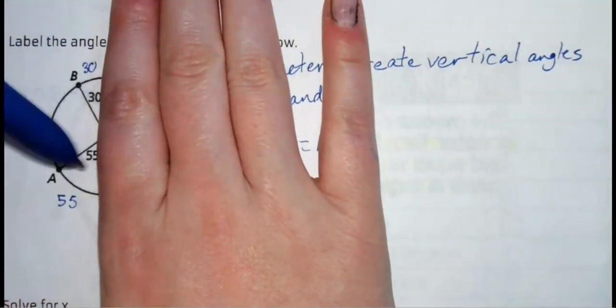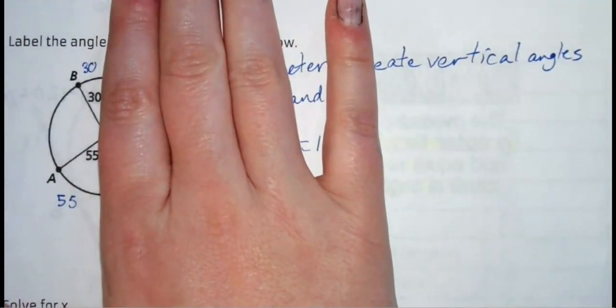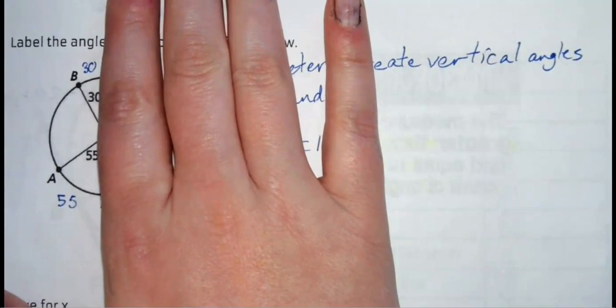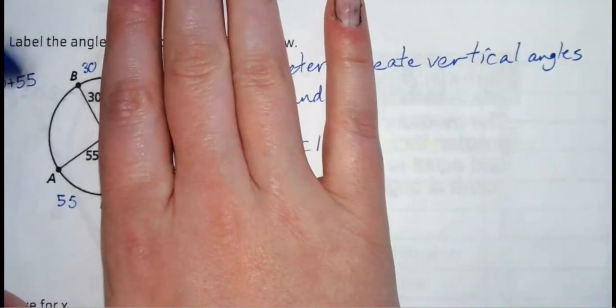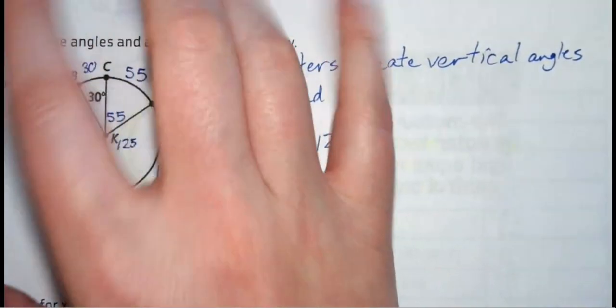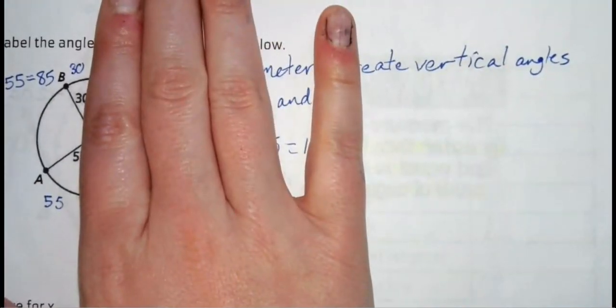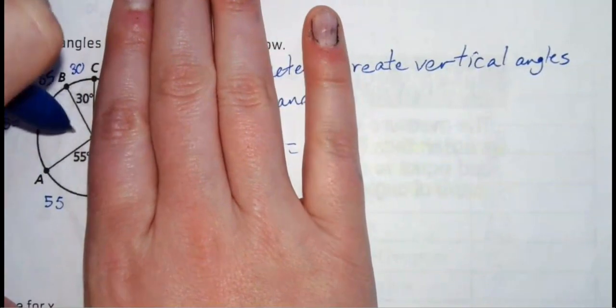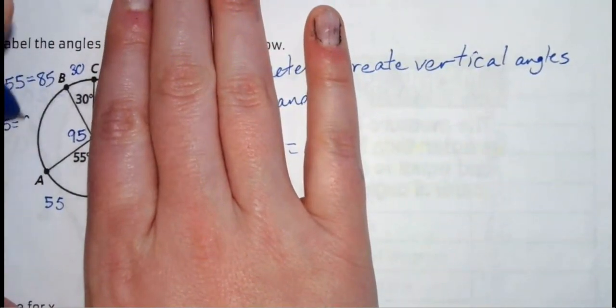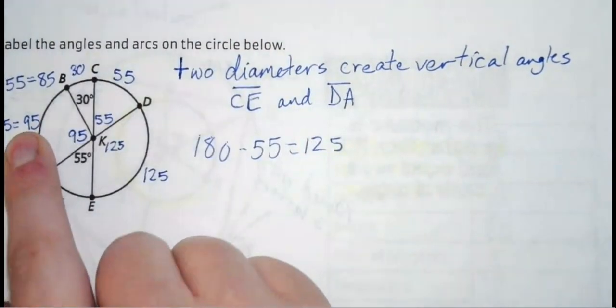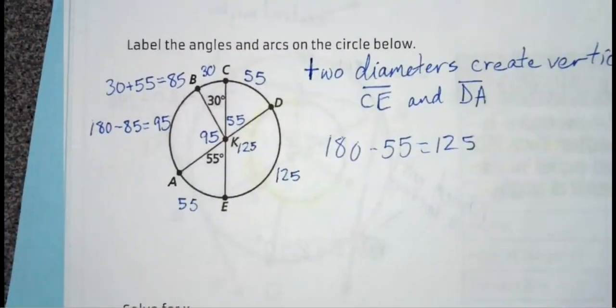I'm going to choose to add these together and subtract them from 180 because I feel like that's less work. So I'm going to take 30 and 55 and add them together and get 85. Okay, these two. And then I'm going to take 180 and subtract 85 from it, and then what's left over is going to be 95, which goes right here.